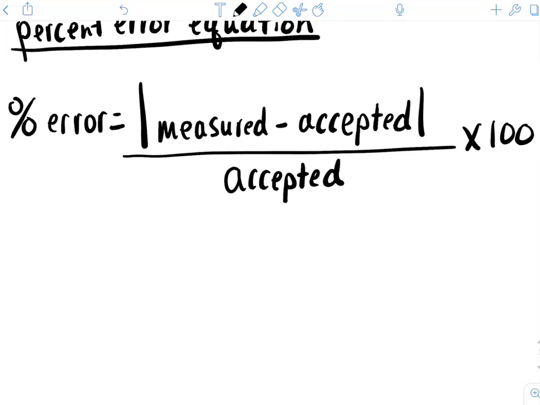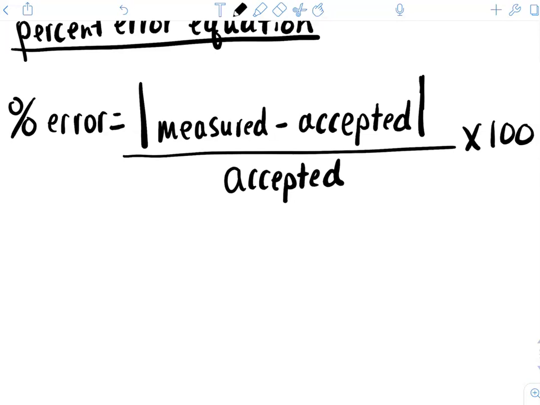Now, the absolute value, you can do that on your calculator. It's the ABS button. Or, since you know it's absolute value, you know that you can't have a negative number. If you end up with a negative, just ignore the negative sign and make it positive. Either way will work.